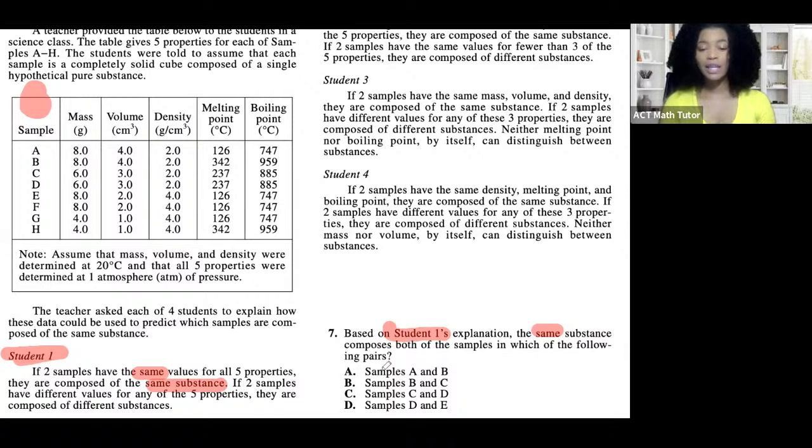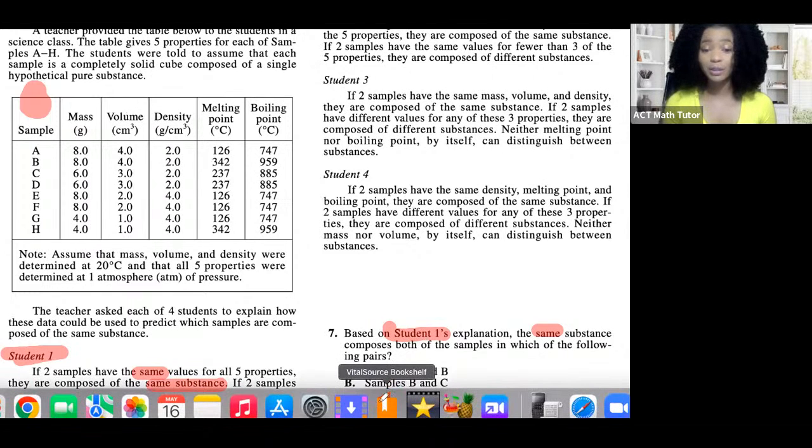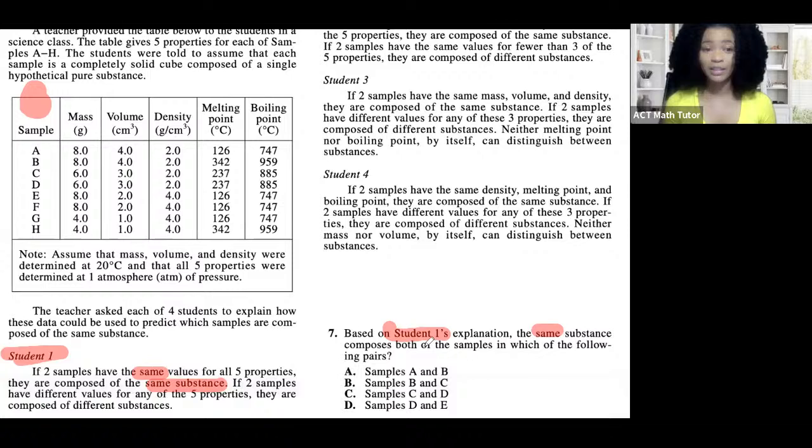That means when I check these answer choices, I'm looking for all 5 properties, mass, volume, density, melting point, and boiling point, to have the same values for both samples. So now I can just go through the answer choices and see which one fits.